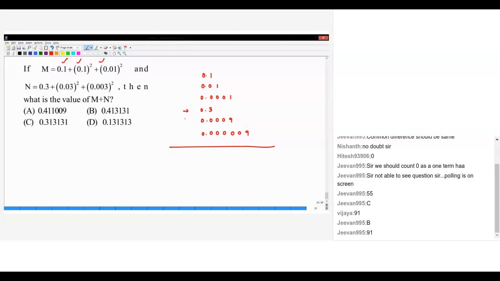Okay, 0.3, 0.3, 0.03 square, 0.003 square. So it will be 9.